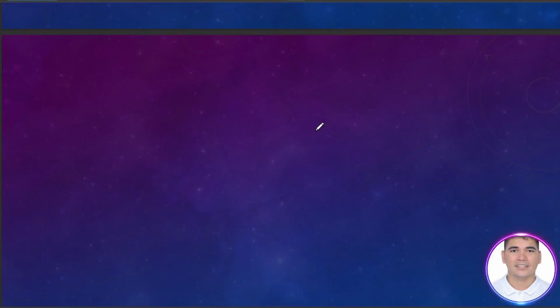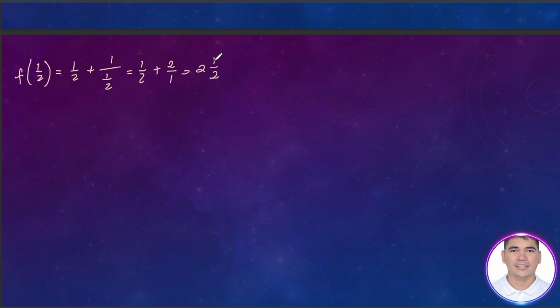Now, evaluating f at the endpoints of the interval as well as the critical number. Our endpoints are 1/2 and 3. For x equals 1/2, we have 1/2 plus 1 over 1/2, which is 1/2 plus 2, so we get 2 and 1/2.